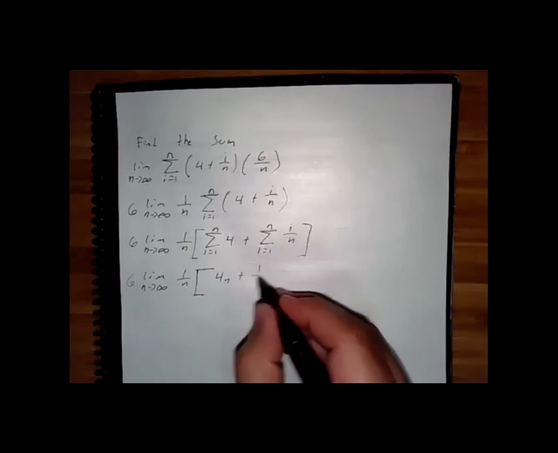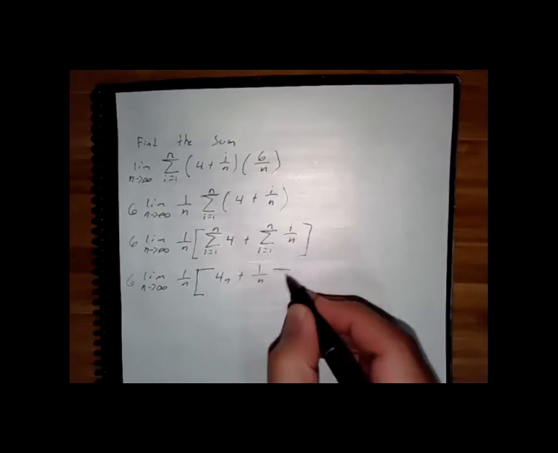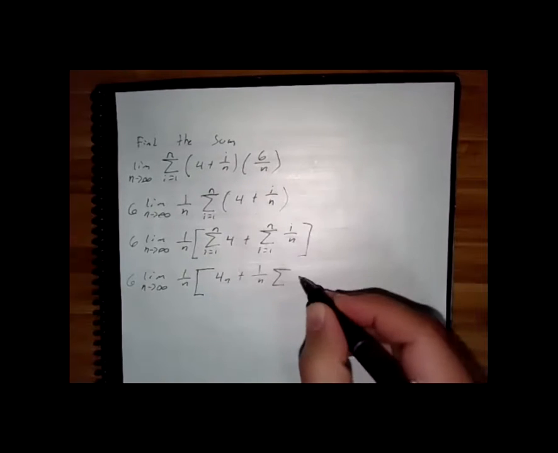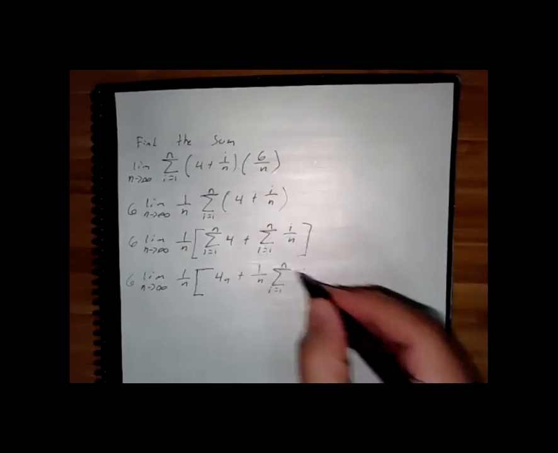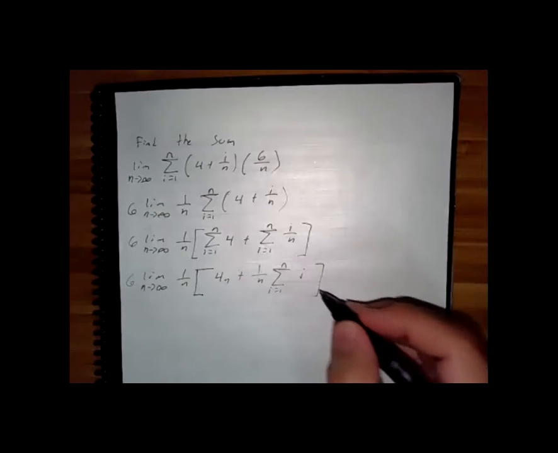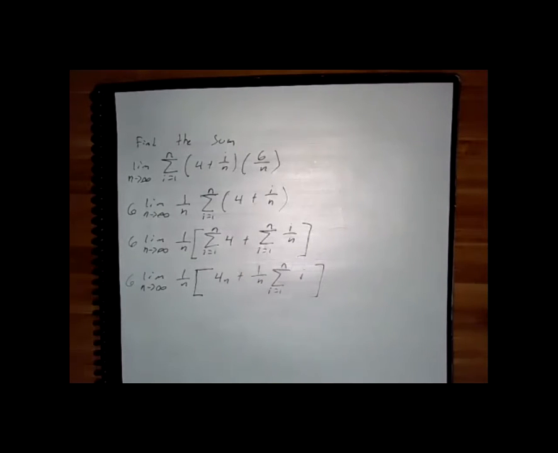So now I have to deal with this guy. So I can pull out a 1 over n out of this one and deal with the i. I remember we had a formula for when you had a sum of i. Excuse me 1 second. Yeah, I had to sneeze.